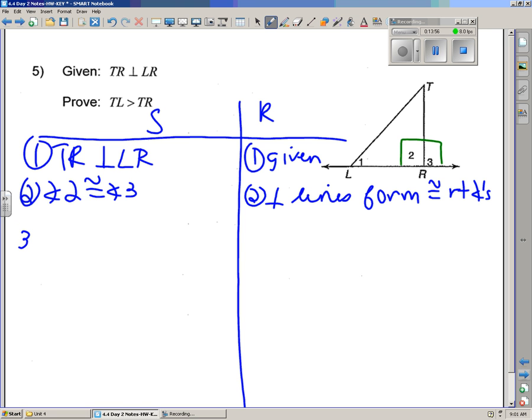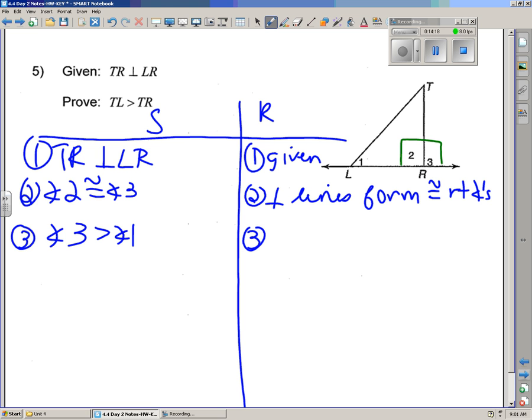And then we can talk about the exterior angle being greater than, because we need to get inside the triangle. So angle 3 has to be greater than angle 1 because an exterior angle always has to be greater than a non-adjacent interior. So angle 3 is more than angle 1.